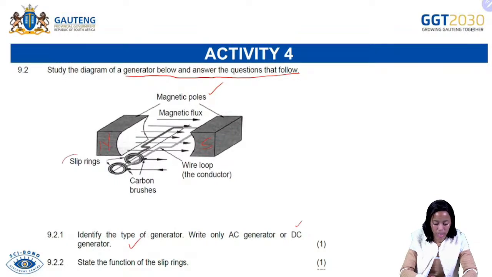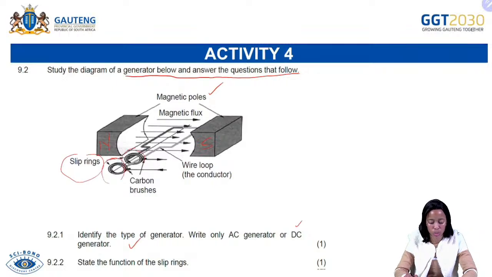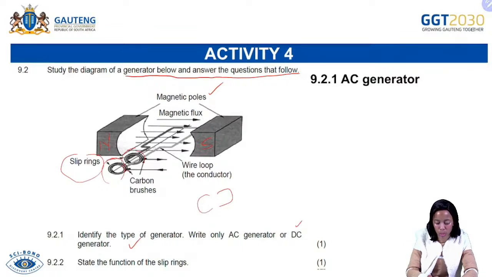With an AC generator, there are two slip rings, and with a DC generator, it's going to be a split ring commutator, which is a ring that is cut in half. So we therefore know that this would be representing an AC generator.